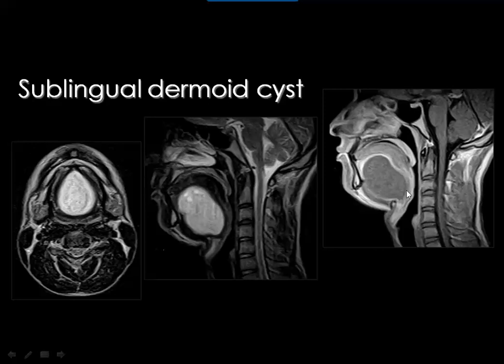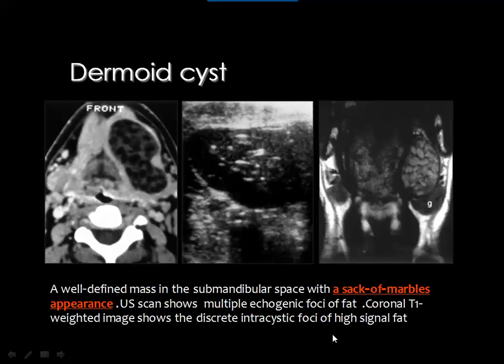Then here you see a lesion in the T1 weighted image, it contains fluid. In the T2 weighted image, it also contains fluid. But this was proved to be a dermoid cyst in the mouth floor. And this is a classic appearance of dermoid cyst, showing the classic sign, which is the sack of marble sign.